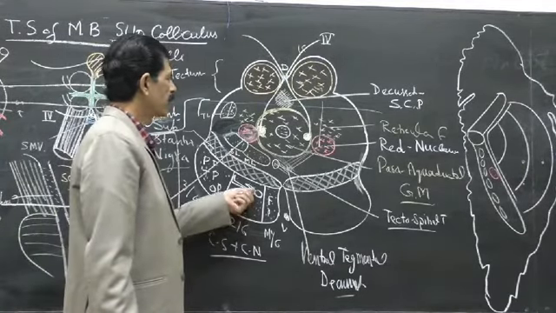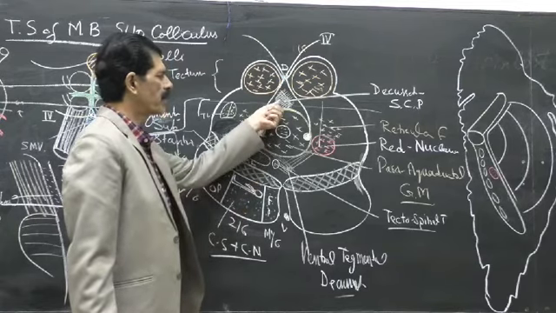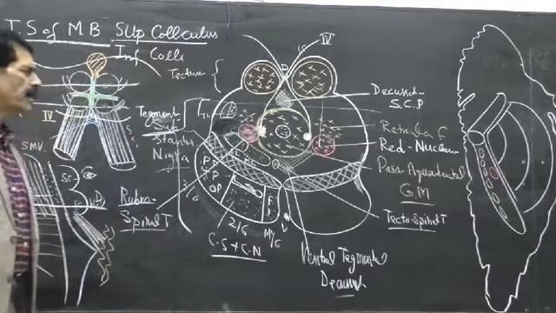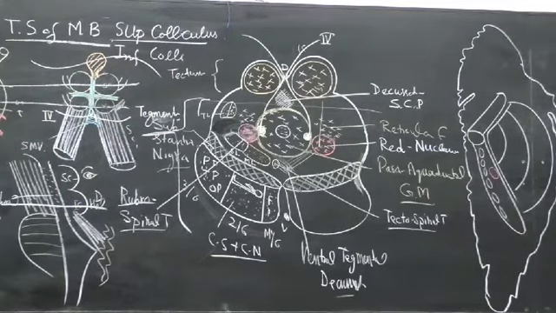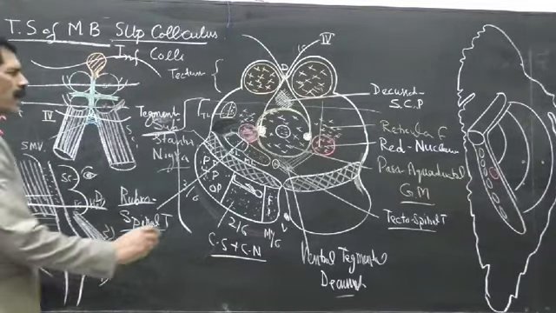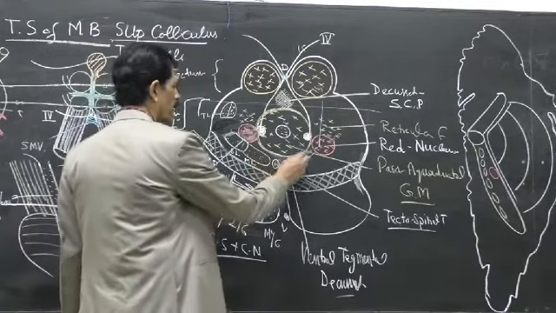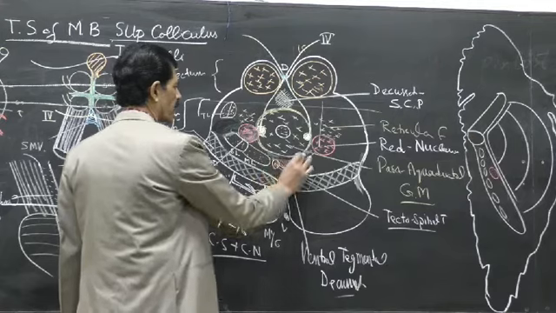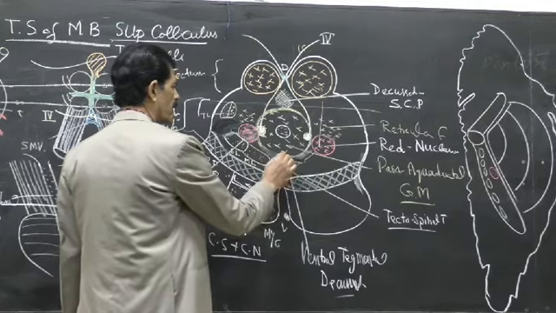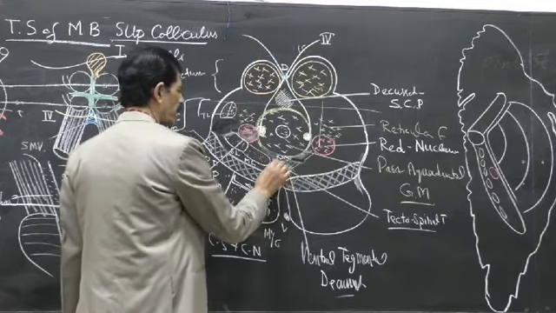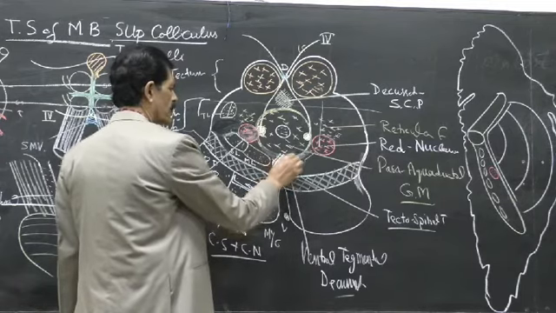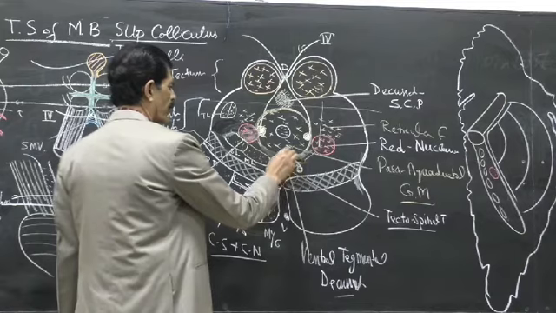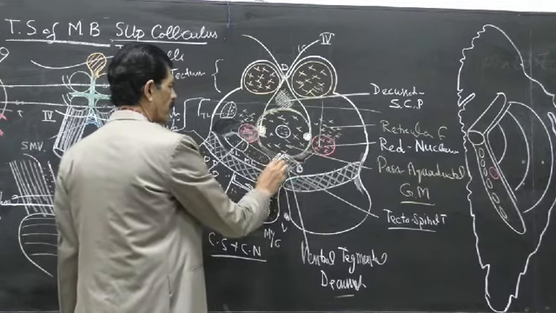Then another decussation we see in the dorsal part of the tegmentum, that is called the dorsal tegmental decussation. These are the fibers of the tectospinal tract, from the tectum at the level of the superior colliculus.